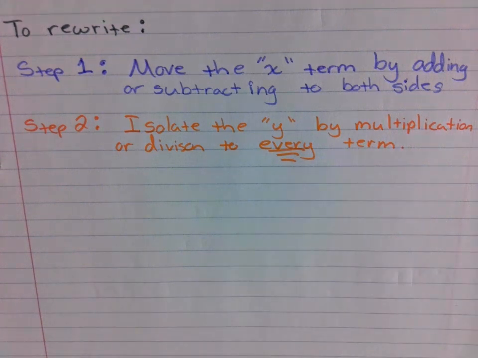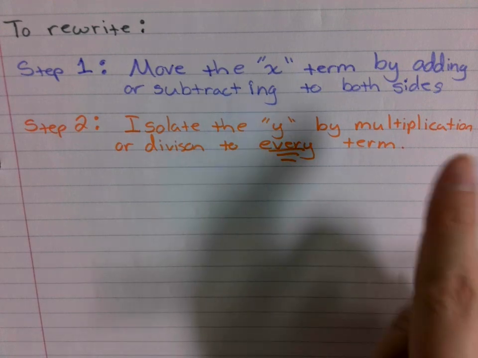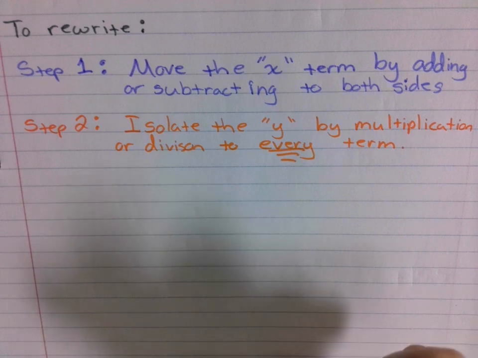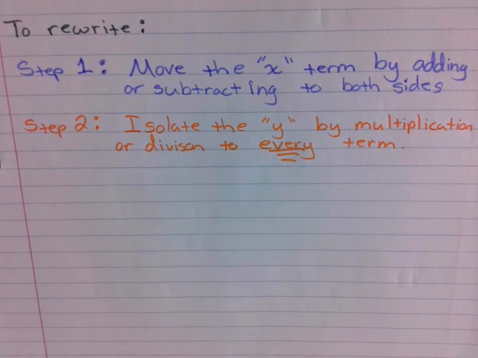You multiply every single value by the reciprocal, because we know that when we divide by fractions, you really are multiplying by reciprocals. So we're just going to skip the whole step of division and go straight to multiplication of the reciprocal. If the coefficient is not a fraction, let's say it's a decimal, or an integer, or a whole number, then you would use division to solve. You would divide everything by that coefficient. Okay? So let's take a look at a couple of examples.